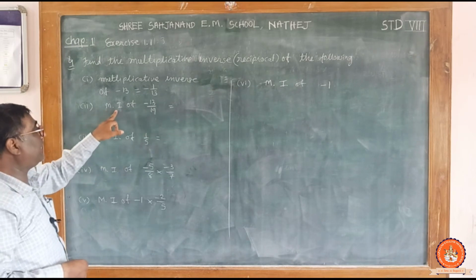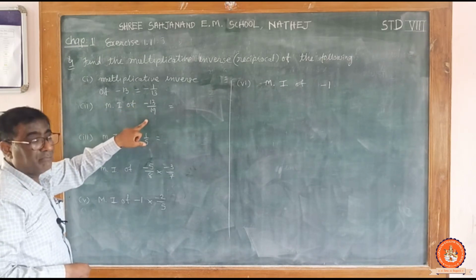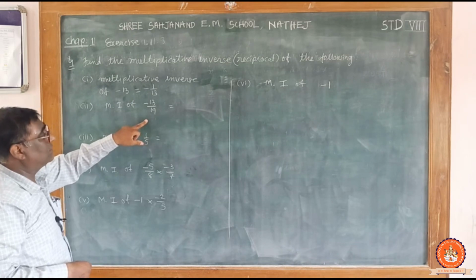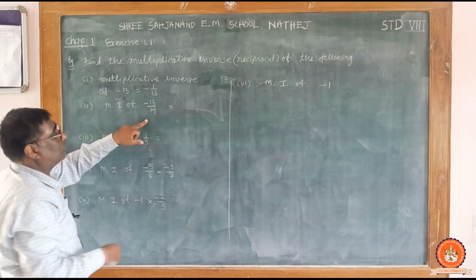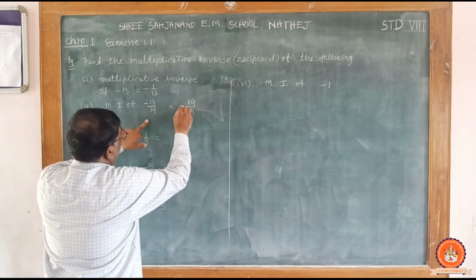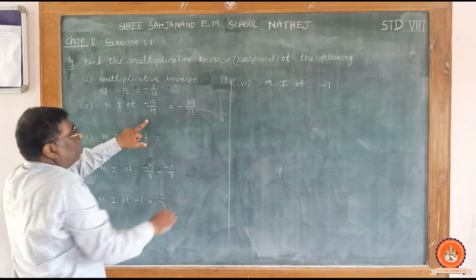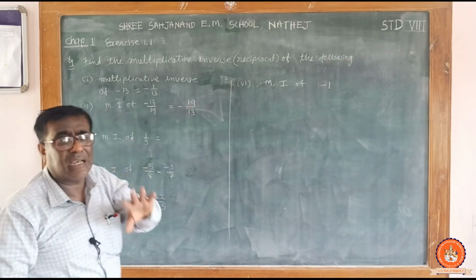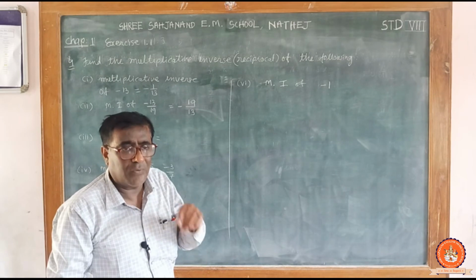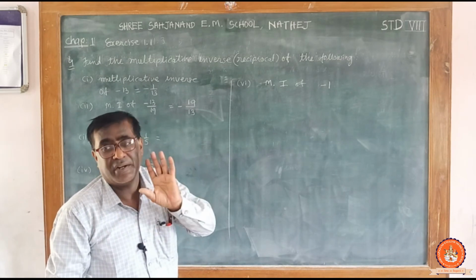Now multiplicative inverse of minus 13 upon 90. Okay, minus 13 upon 90. So what you are supposed to do is 90 upon 13. So the sign can be given here, can be given to the numerator. If only one negative sign is there, always keep the habit of giving the negative sign to the numerator.